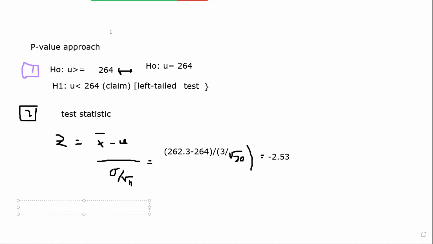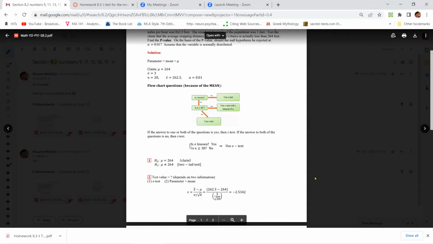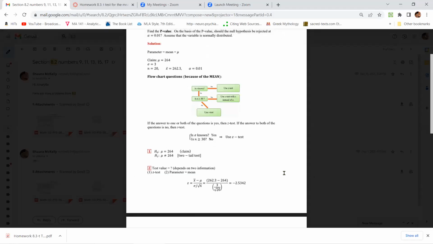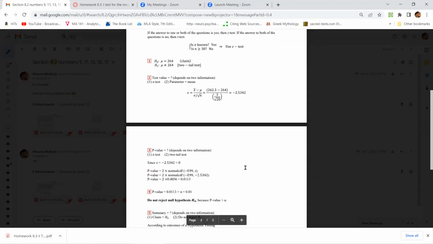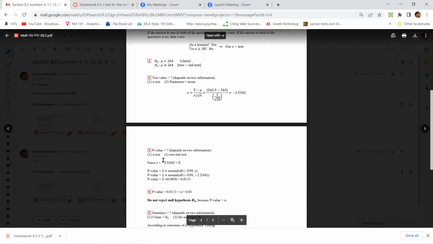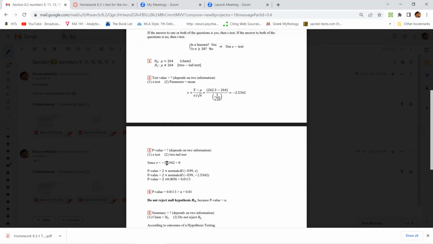So what's happening here, let me go back to her solution. I'm going to skip past her test statistic. Now her p-value, okay, again, because she made this a two-tailed test and it wasn't, the way she calculates p-values is wrong.